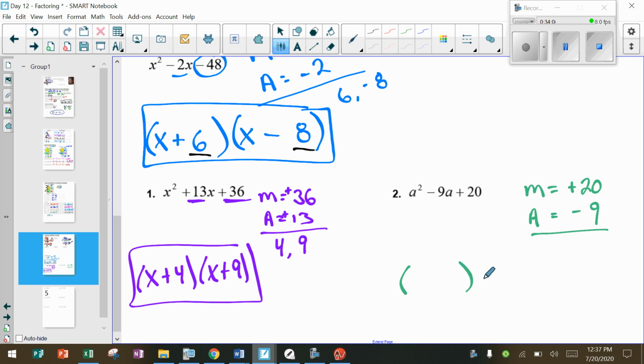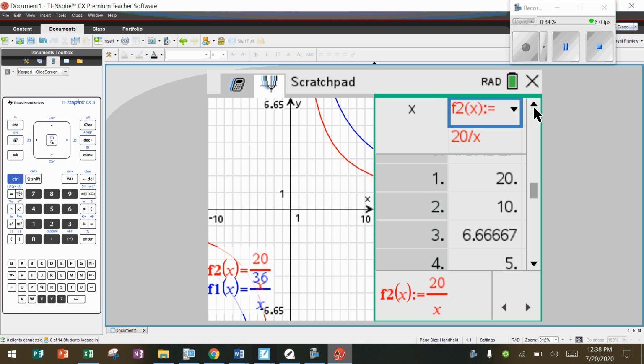If they multiply to be a positive, then they have to be the same sign, either negative, negative, or positive, positive. If they multiply to be a positive number, the options are plus times a plus or negative times a negative. And if they have to add to be a negative, then that means they both have to be a negative number. So going back to my calculator, I'm going to head towards the negative numbers.